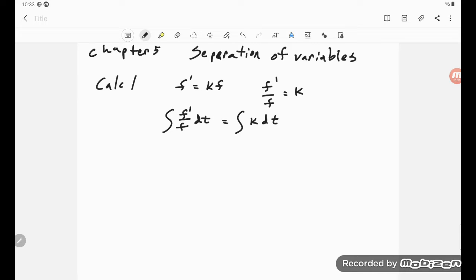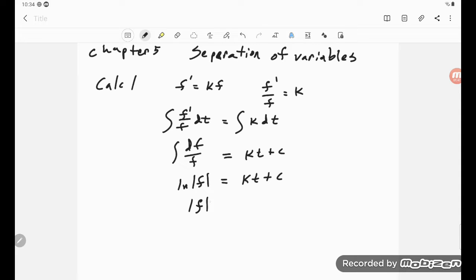So this was Calculus 1. And we did substitution of variables, and this just becomes on this side df over f, so that we get a natural log there. And on this side we get kt plus an arbitrary constant. So we'd have natural log of the absolute value of f is kt plus c, and then I exponentiate both sides.